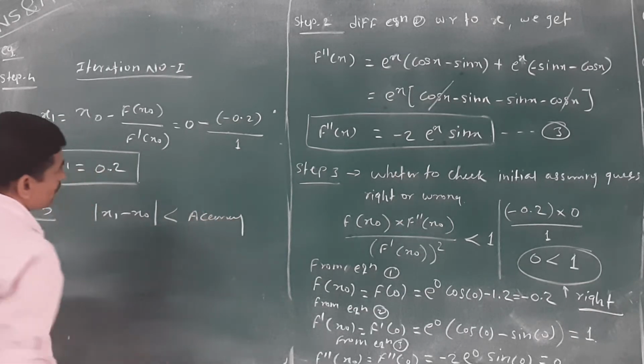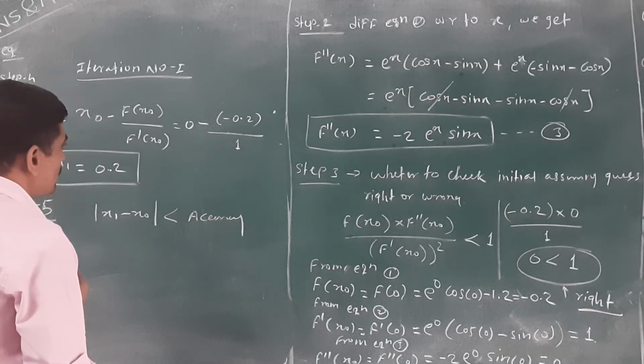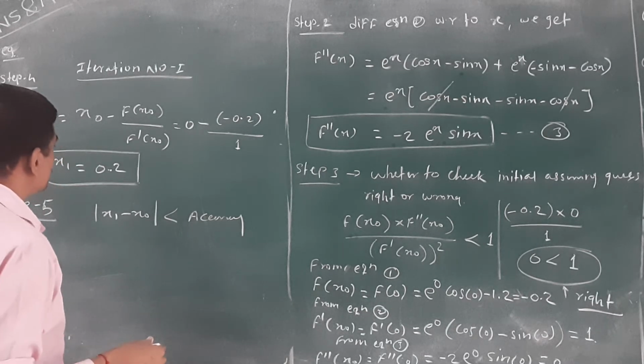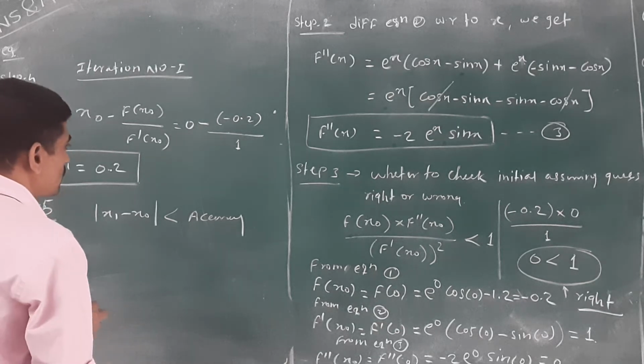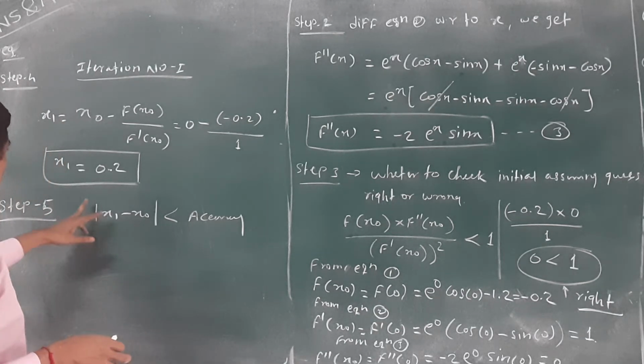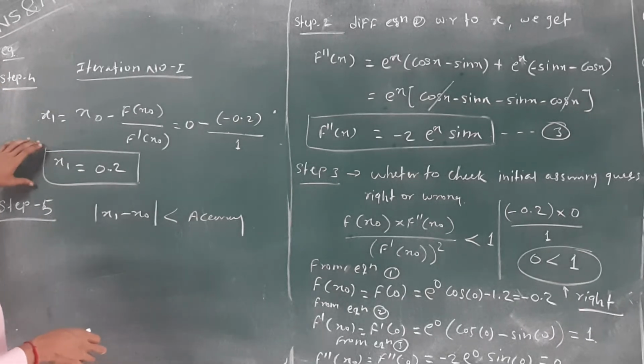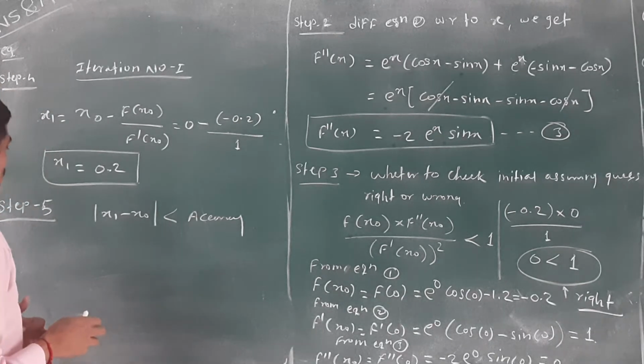If the accuracy is given up to 3 decimals, then we choose 0.001 as our accuracy. We have to check whether the obtained value is accurate or not.